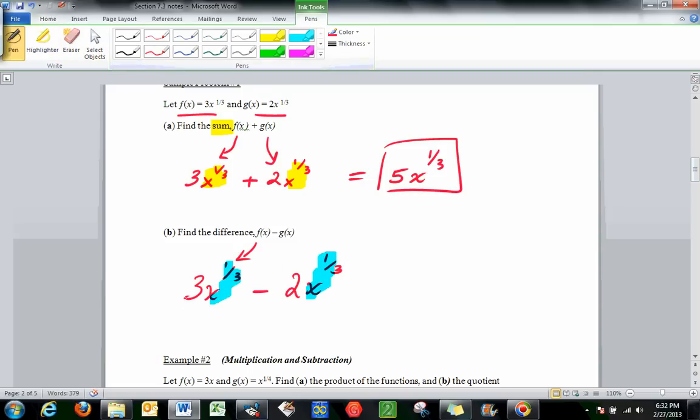So in doing so we take 3 minus 2, which is going to equal 1x to the 1/3. And of course we should know at this point that the 1 is just understood. So I'm going to erase that, and the final answer is just x to the 1/3 power. Again, no need to change this to radical form at this point. That is simplified far enough.